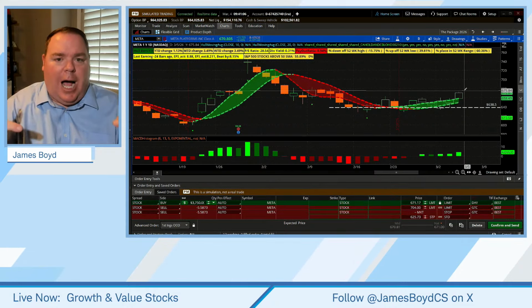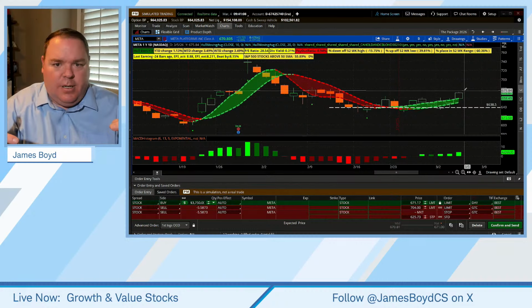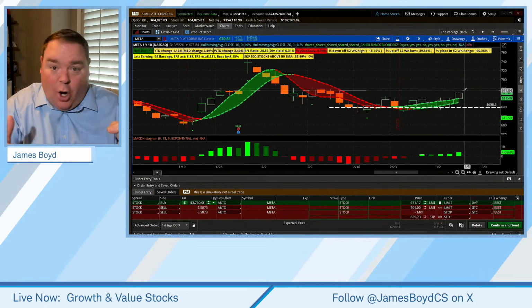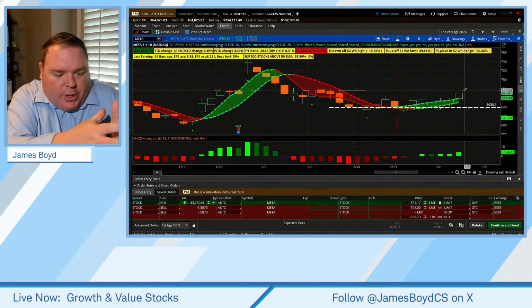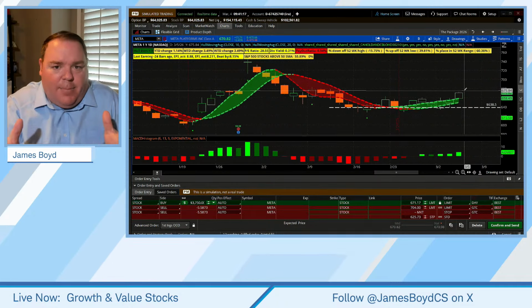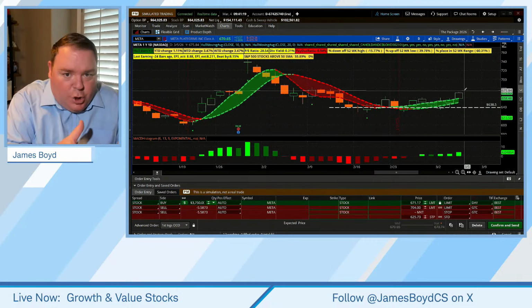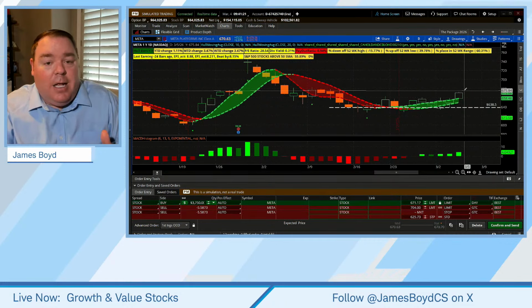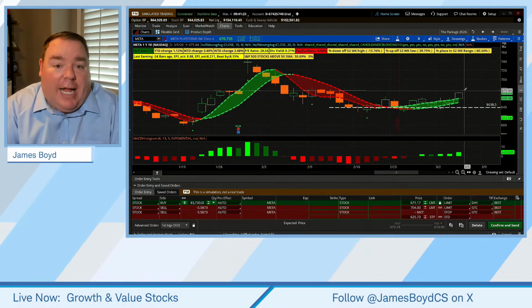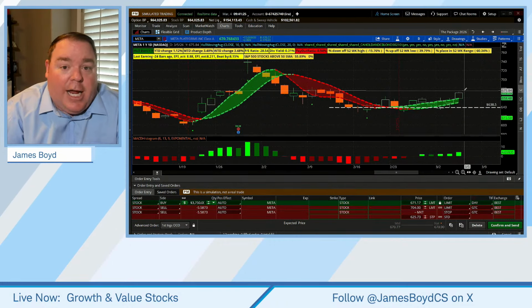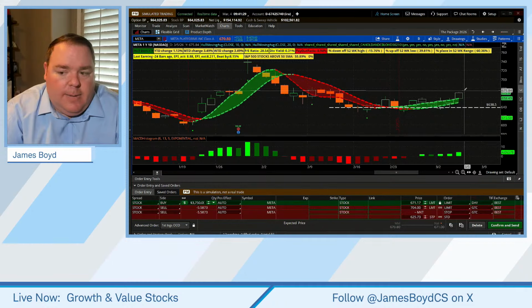In choppier market conditions, a lot of experienced investors are not going to get in all at once. They're going to use their capital over time. The whole idea is you show me more trend, and that investor will show more capital as the stock proves itself in the trend.